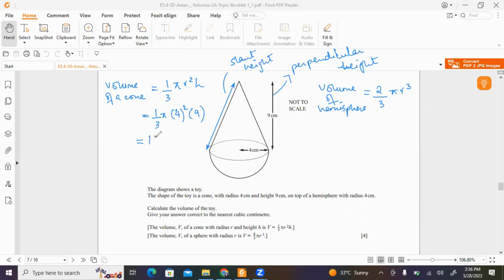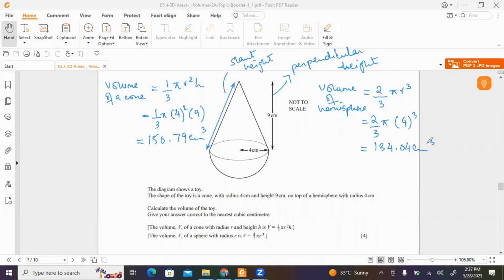That's 150.79 centimeters cubed. And for the hemisphere, 2 over 3 pi times 4 cubed.